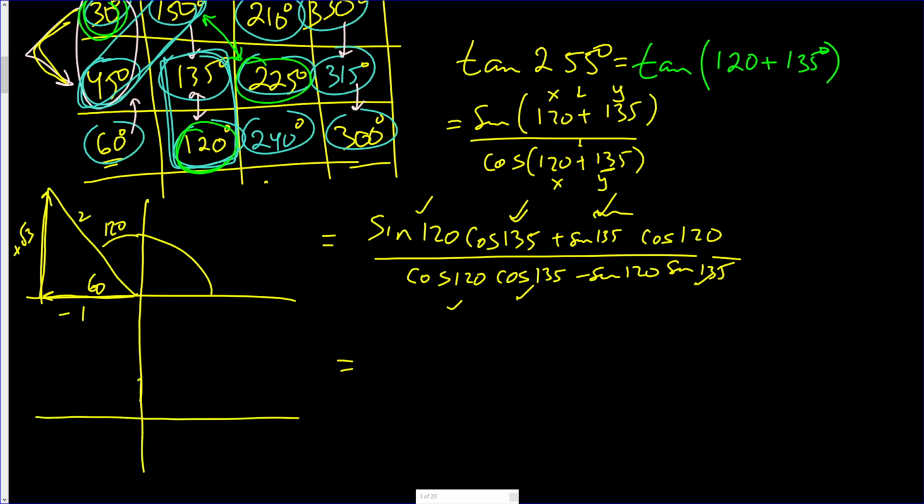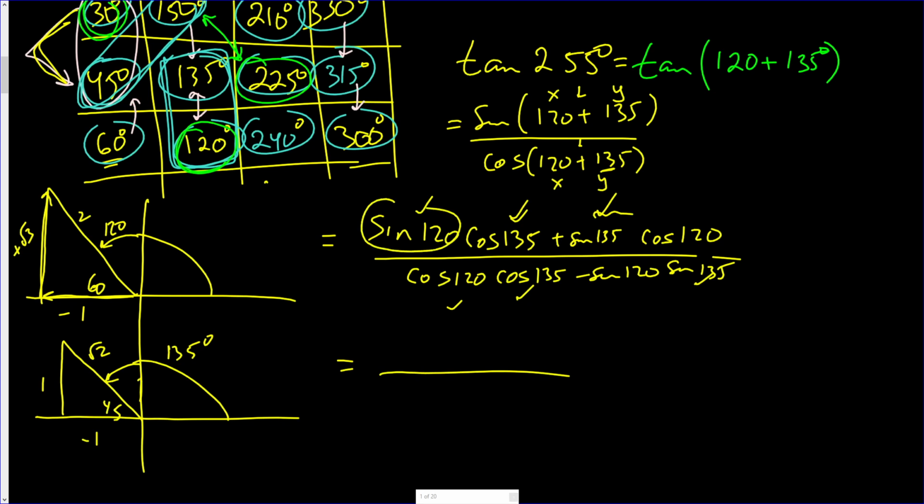135, that's 90 and 45 more. So the rest of that angle is 45. 1, 1, square root of 2, that's negative. And this angle is 135. So first, the sine of 120 is opposite over hypotenuse times the cosine of 135.